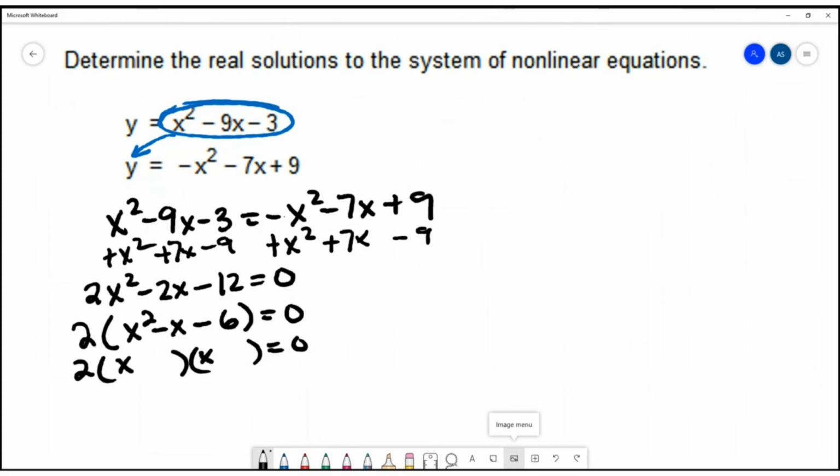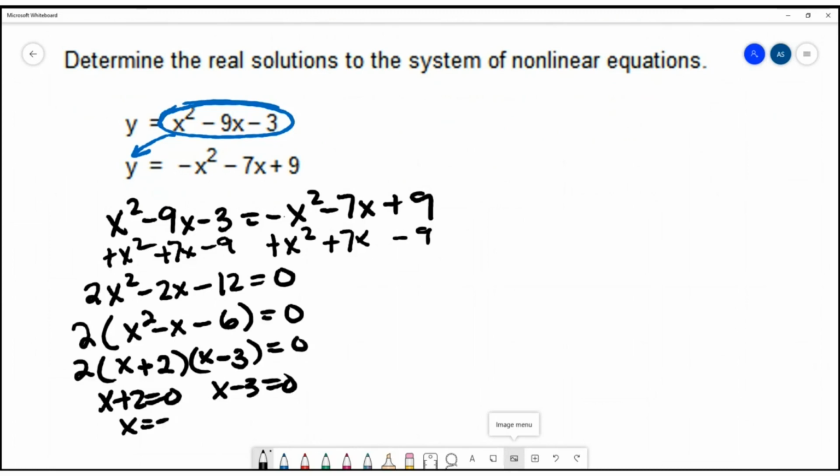Have x and x. The factors of 6, 2 and 3, will give me the negative 1 in the middle, as long as I put a negative on the 3 and a positive on the 2. I'll set each factor equal to 0.